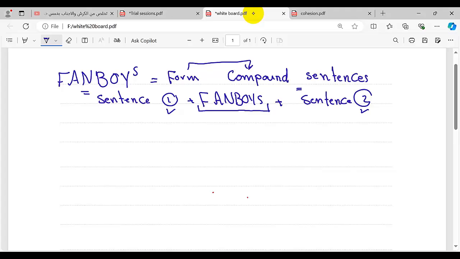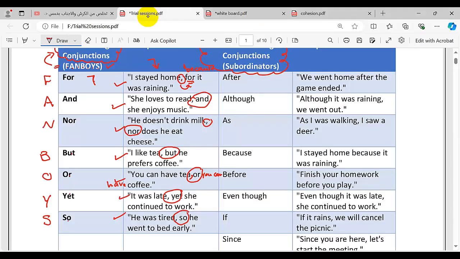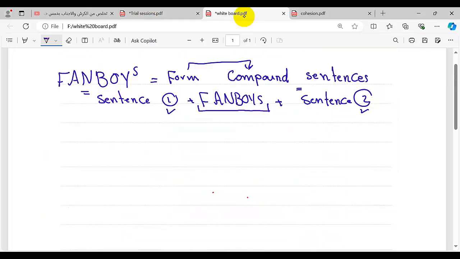Let's see the other form of conjunctions and why do we use such kind of conjunction. We agreed here the second is subordinators, or subordinating conjunctions. What is the subordinator?